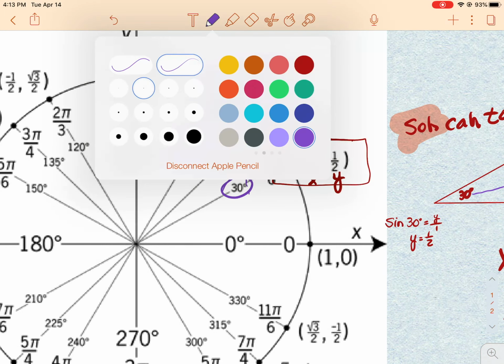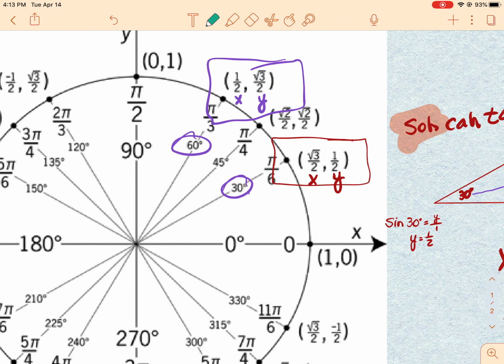If we look at the 45-degree one now, it's a little different, but the same idea. Remember, these are supposed to be right triangles. Use your imagination. That's one. The 45 is that part right there.